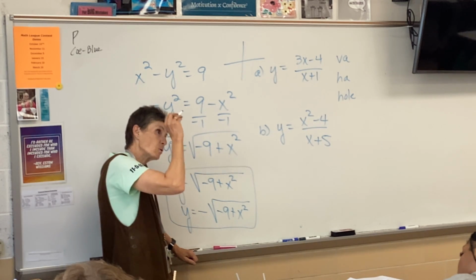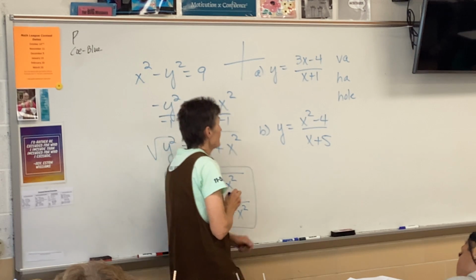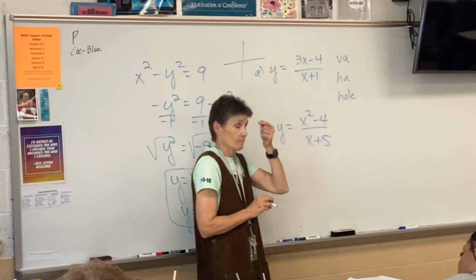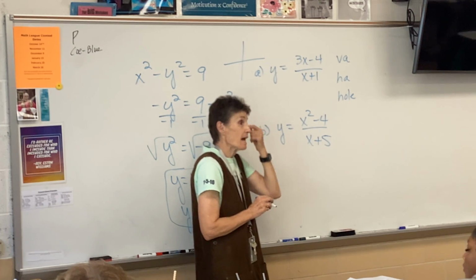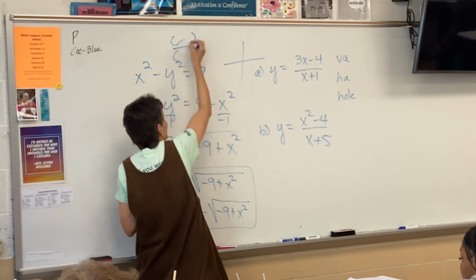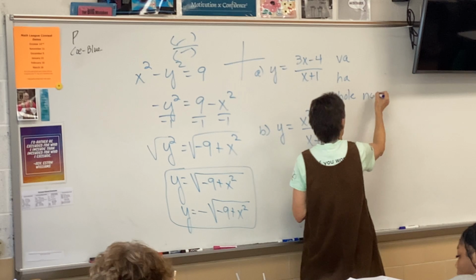You know, where's my horizontal asymptote? Where's my vertical asymptote? All right, does this guy, this is question A, does he have any holes? No, because how do you get holes? If everything cancels. It cancels out, right? Can't do that, so this is gonna be none.